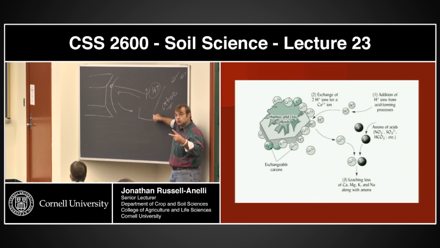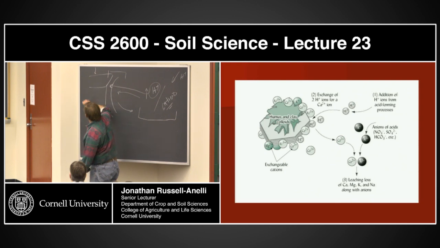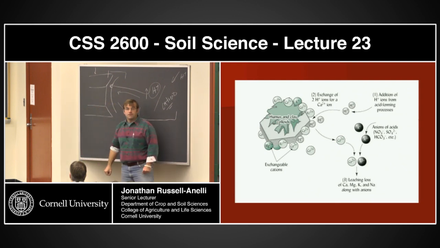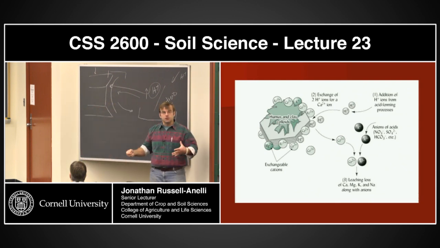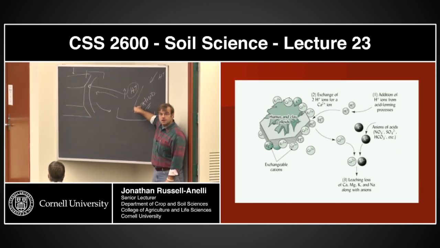It turns out that there are two other pools of pH, and they're all in balance with each other. But this is what we measure, and this is actually the one that determines the solubility of stuff. But there is also a pH that's associated with this cation exchange component, and there's also a pH that's associated with the structure of the colloids, of the parent material that's in the soil. But right now, this is what we're talking about.